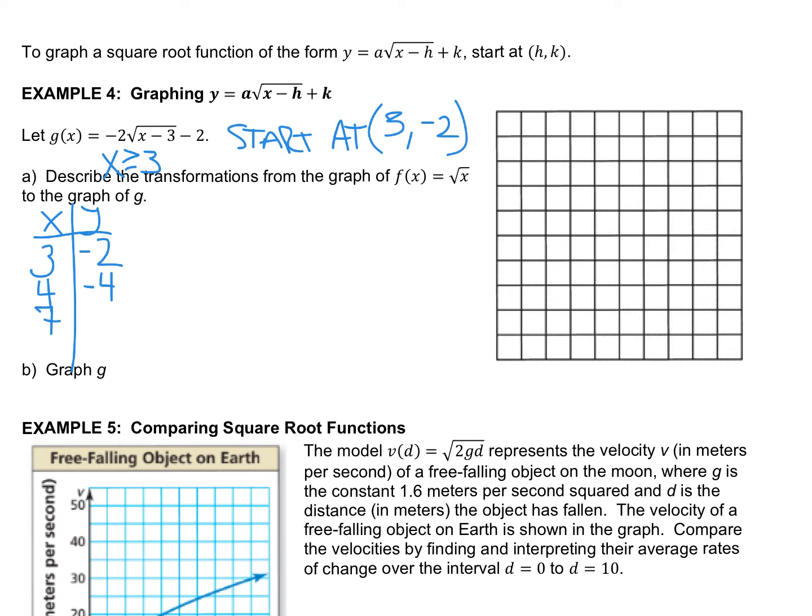I get the 4, take the square root, which is 2, times -2, which is -4, minus 2 is now -6. And the next one, I'm going to plug in a 12 to get 9. Square root of 9 is 3, times -2 is -6, minus 2 is -8. So that's how I would get those values.